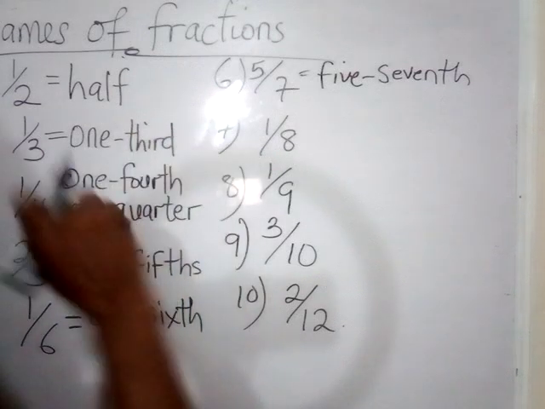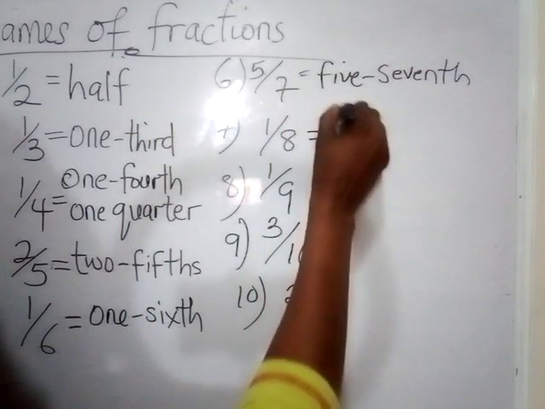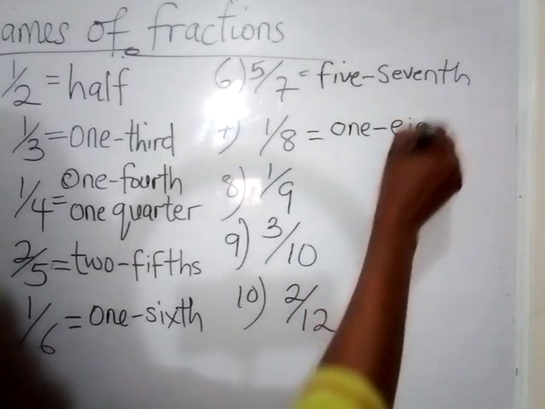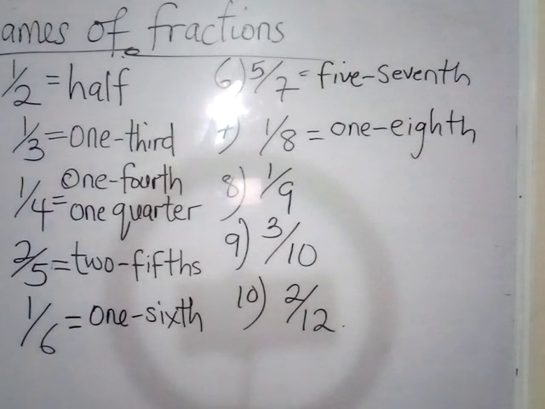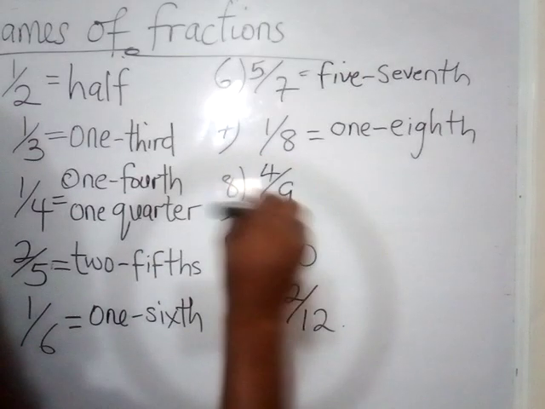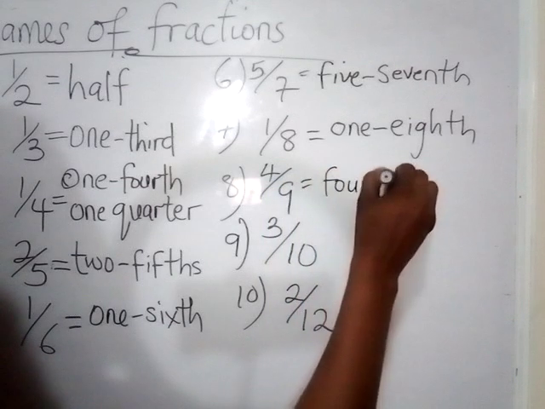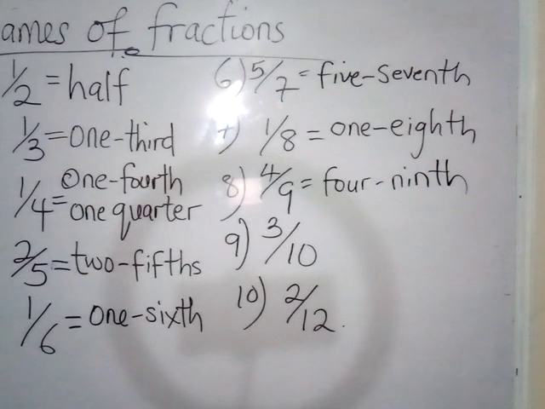Then number 7, you have 1 out of 8. This is one eighth. See, 8? That's not the number, that's 8th. That's the ordinal name. Let's change this to 4. 4 out of 9 is four ninths.